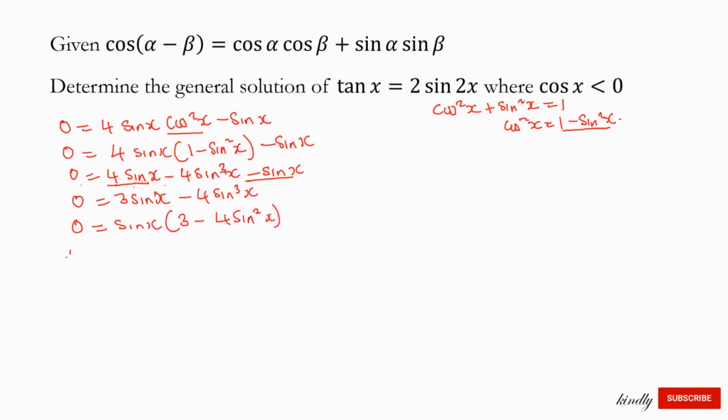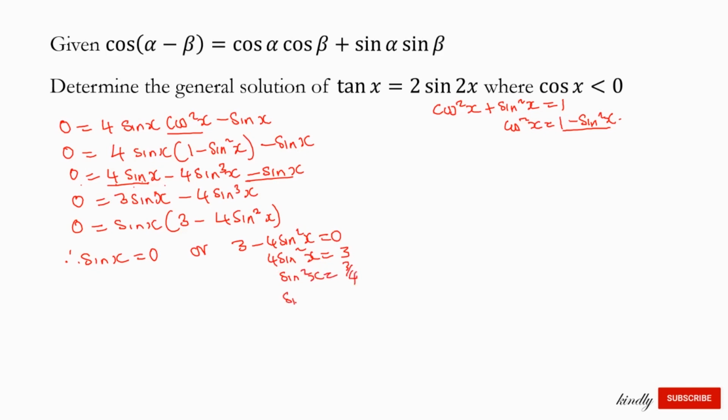Right, so meaning that therefore sine x is equal to 0, or 3 minus 4 sine squared x is equal to 0. Then 4 sine squared x is equal to 3. Then sine squared x is equal to 3 over 4.